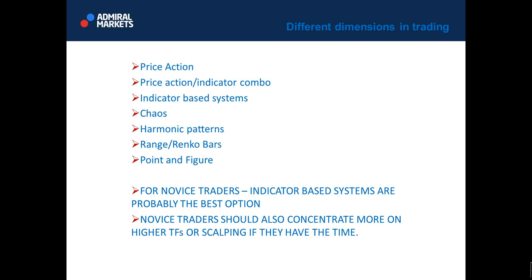You can jump from chaos, harmonic patterns, range, price action, from one to another. But if you want to be a pro trader, you need to focus on one dimension. So you need to pick a dimension and the way you will trade.